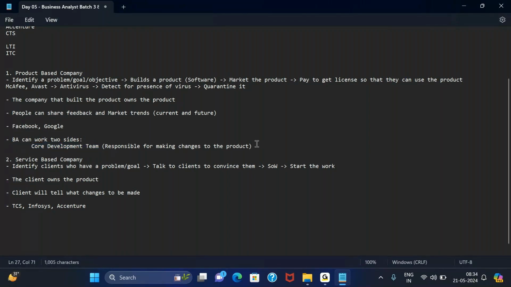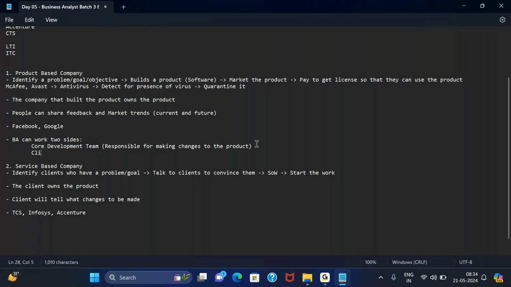And then we have another client handling team, and it can be known by other names as well, but their primary function is interacting with the client.